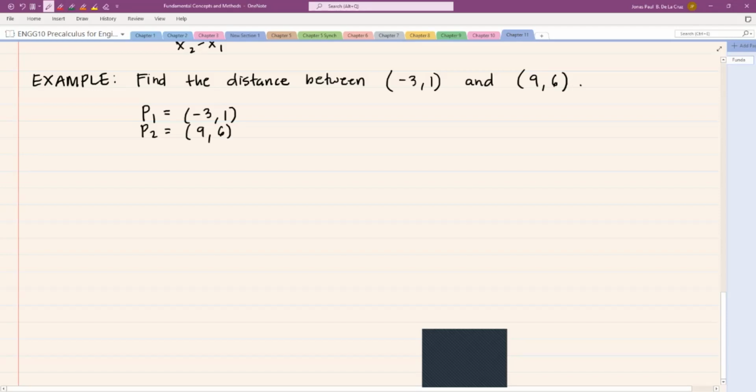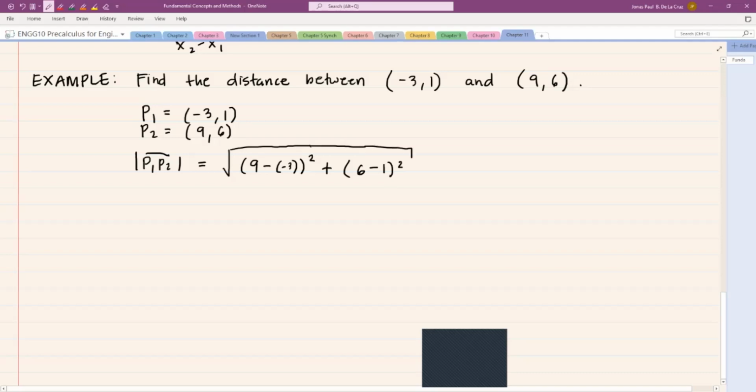So our formula for the distance between P1 and P2 is equal to the square root of, yan, so the difference between the x coordinates, that's 9 minus -3, squared, plus the difference between the y coordinates, 6 minus 1, squared.